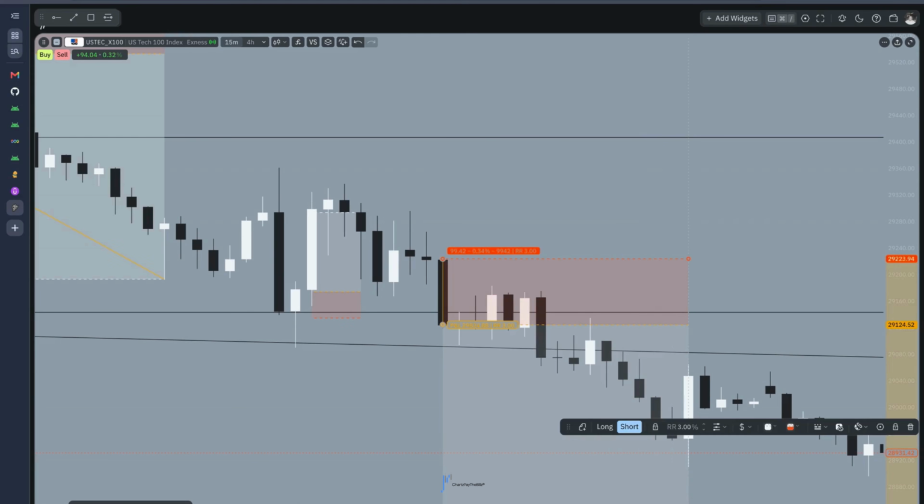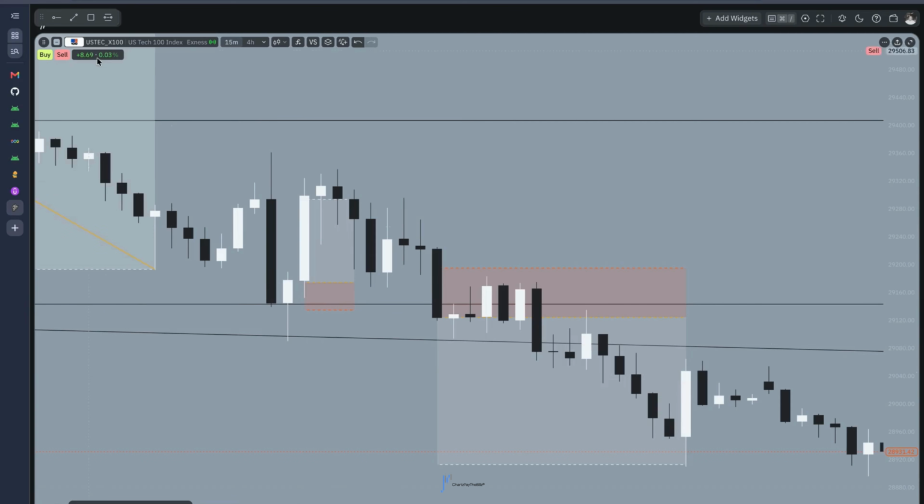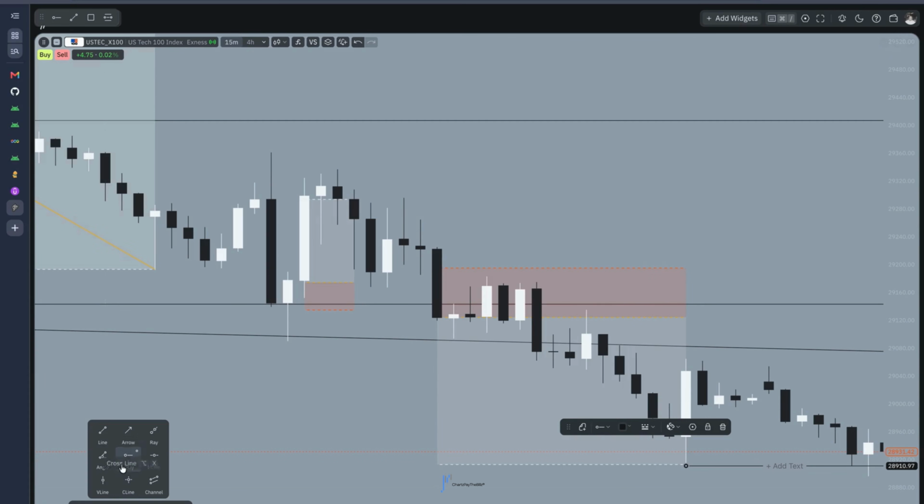Now, I said I would have set my TP here, right? How would I have known that? Remember, I said, when you see candles do funny things, high chances it's not the first time price is there. I need to use a horizontal line so that we can draw that all the way.